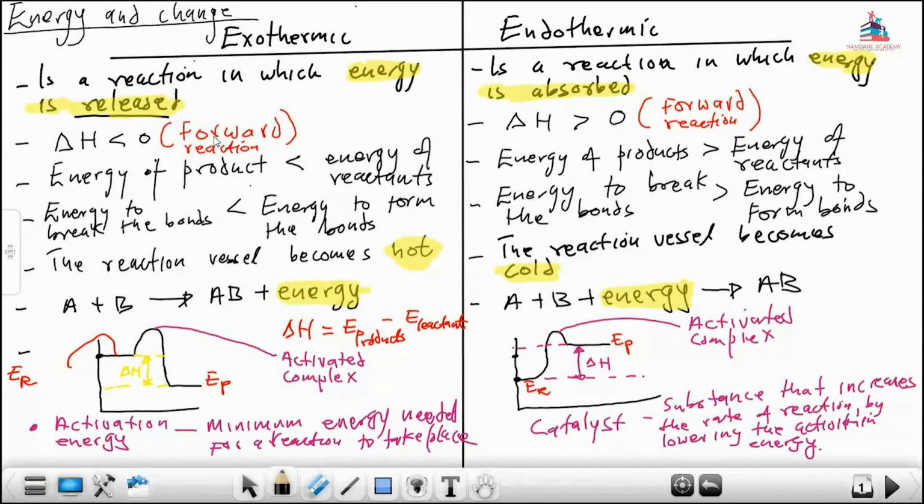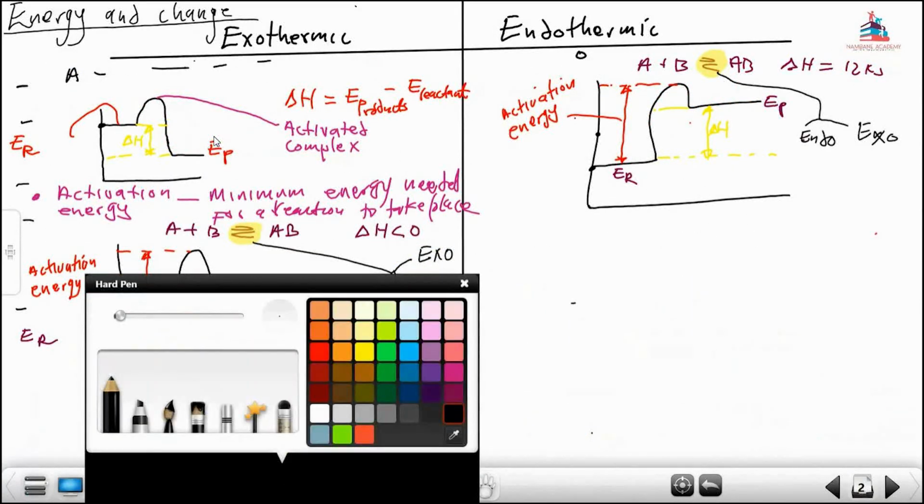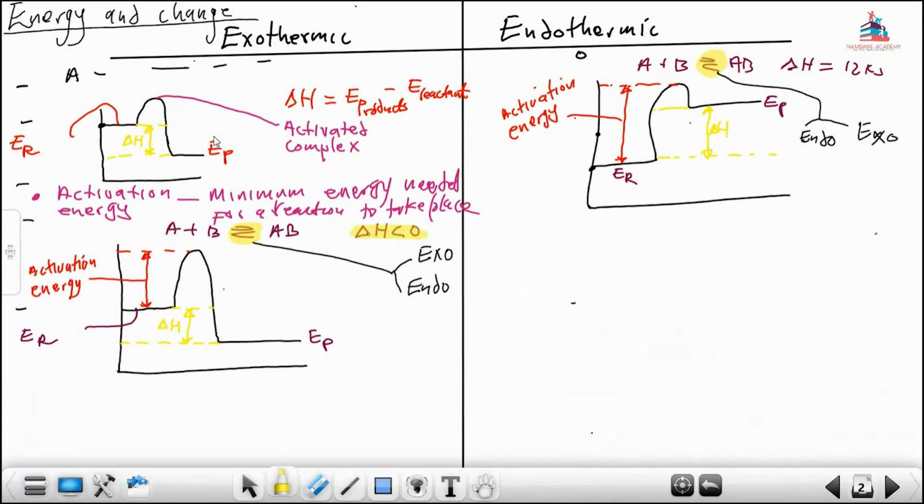So when I have these 2 graphs or these 2 reactions taking place, basically because I am given delta H here, this delta H and that delta H. So what does it say to me? If I am looking at this one, because delta H is less than 0, I definitely know that the forward reaction must now be what?